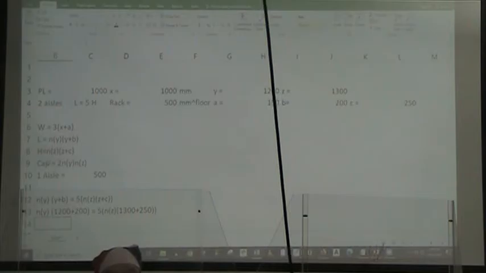All right, so since we know capacity equals 2 ny times nz, and we know that that is equal to 500, we can transform that and say nz equals 500 divided by 2 times ny. Right? Algebraically, that makes sense?